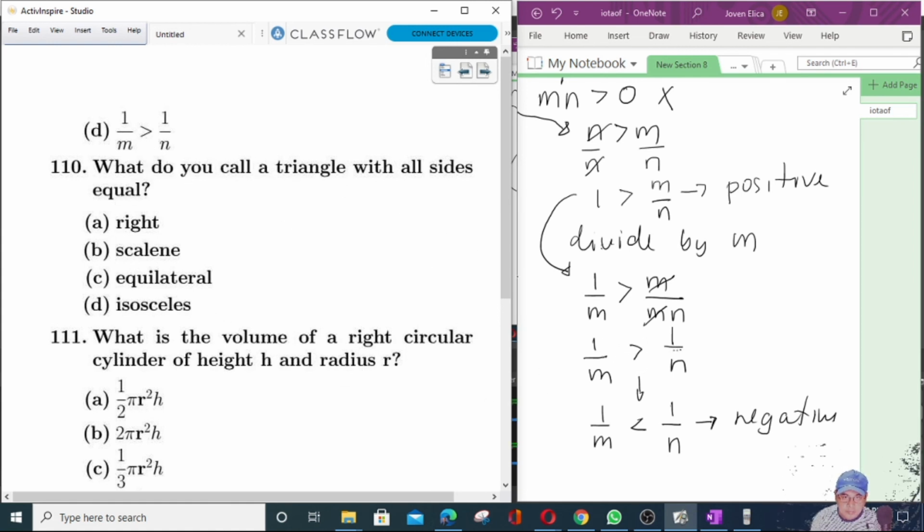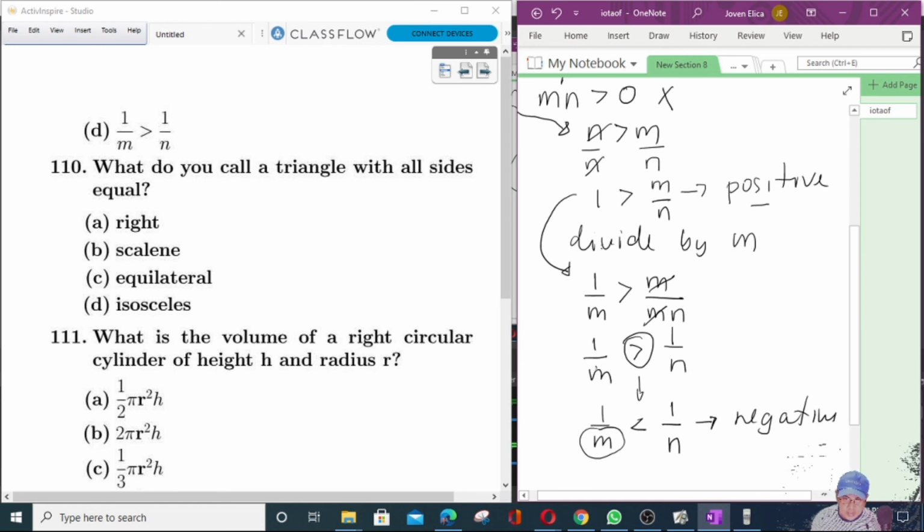We should change this one because we already got the first condition positive, the other one should be negative. So we have to change this to negative because m is originally negative.